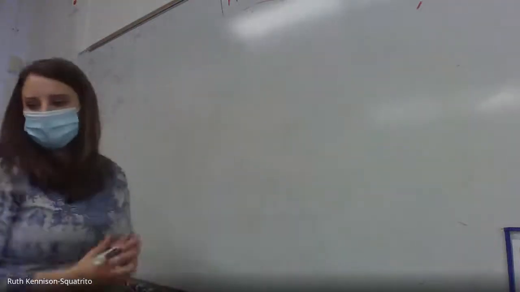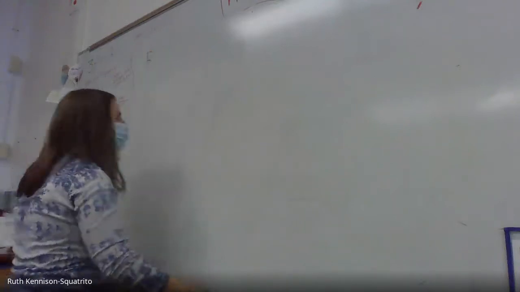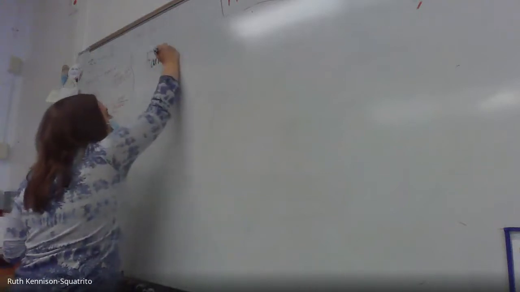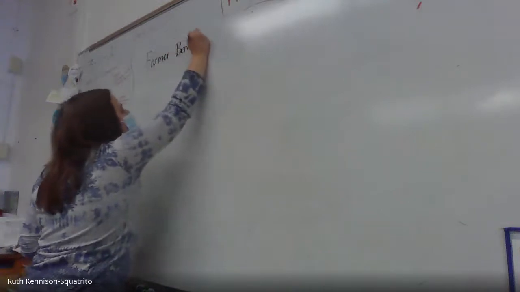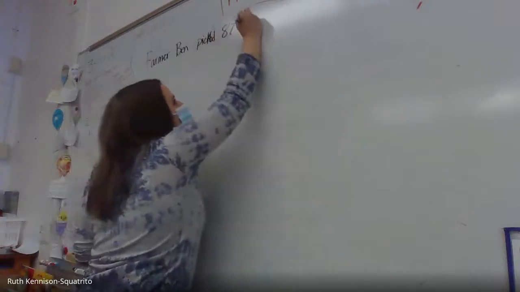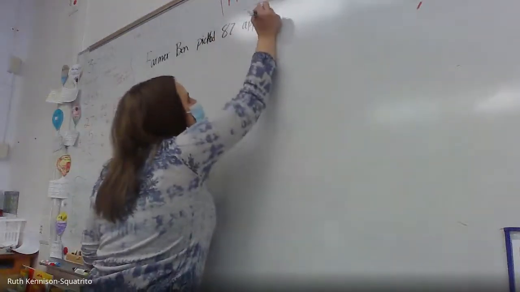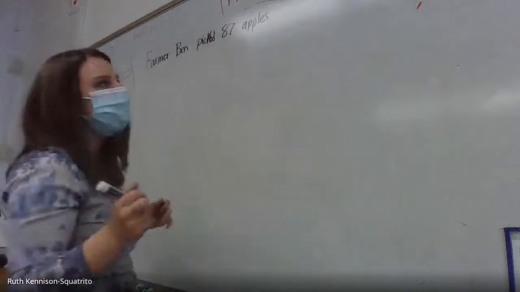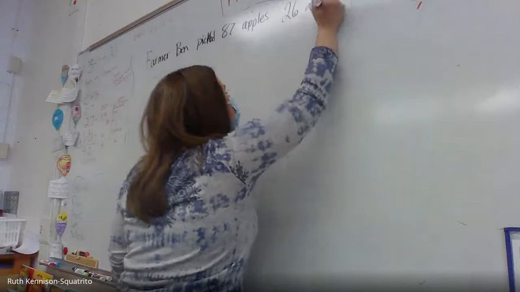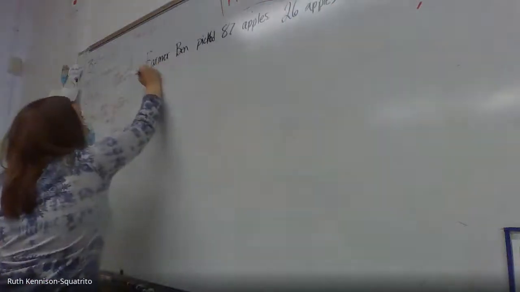Happy little worker bees. Okay, so this next one, Farmer Ben picked 87 apples. Gosh darn it, switched out my marker. Farmer Ben picked 87 apples. Next it says 26 apples are green.